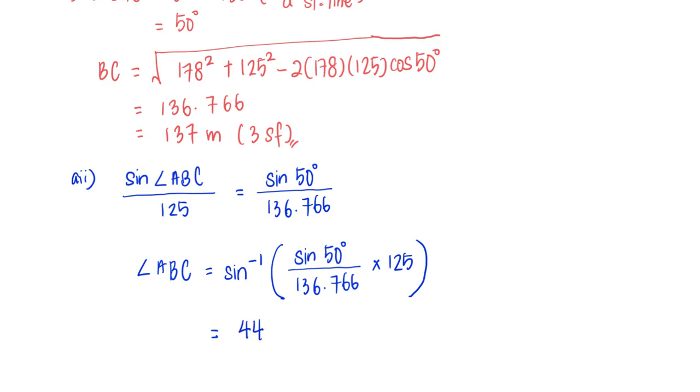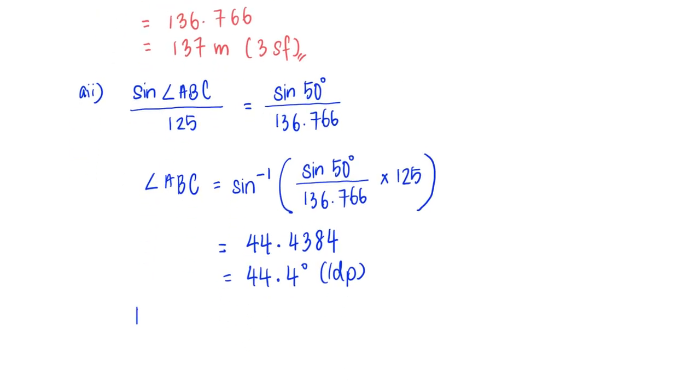This will give me a value of 44.4384, 44.4 degrees to 1 decimal place, and therefore the bearing of C from B is equal to 044.4 degrees. Do take note, for all bearings, we do need to write it in 3 digits. Okay?